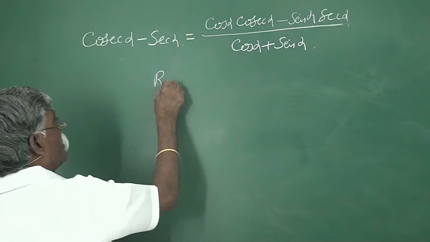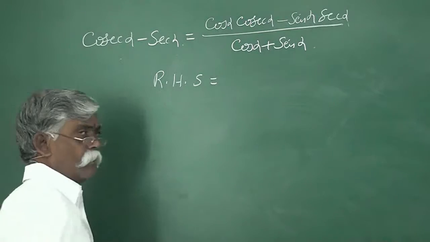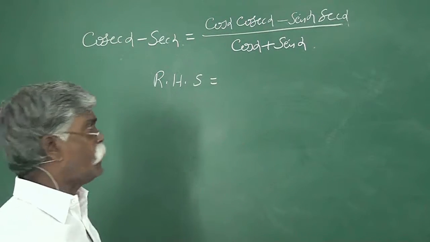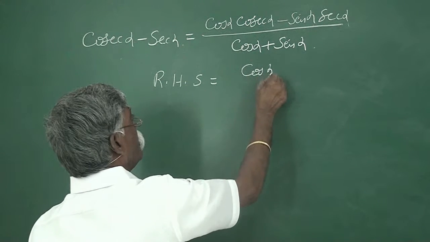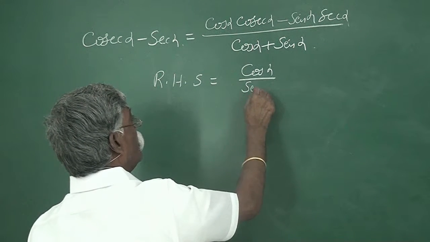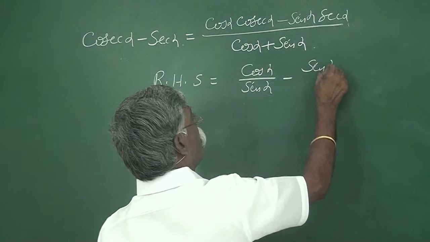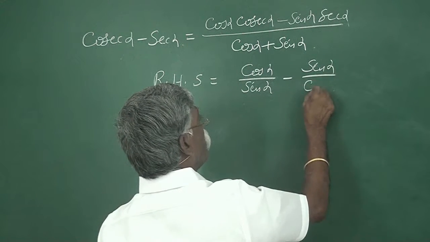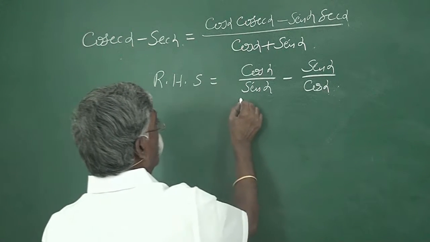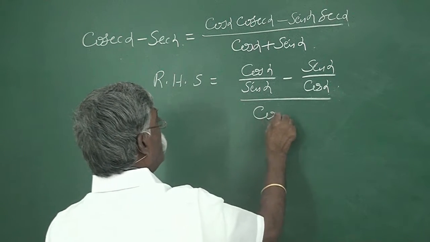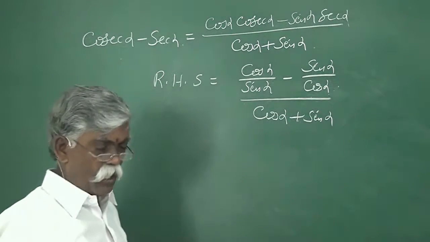Let us take the right hand side and convert all the ratios in terms of sin and cos. Therefore, this is cos alpha by sin alpha minus this is sin alpha by cos alpha, whole by the denominator cos alpha plus sin alpha.